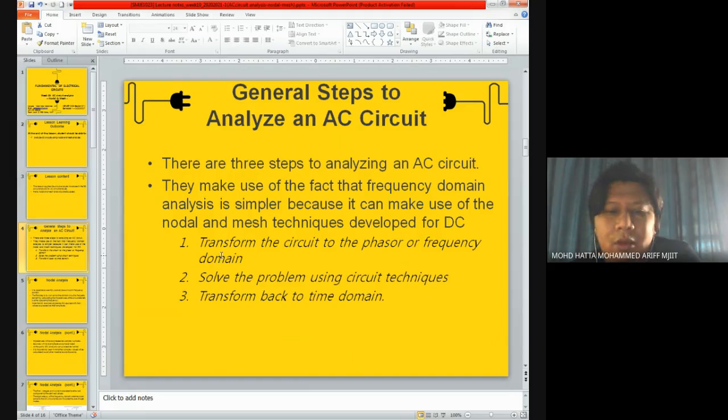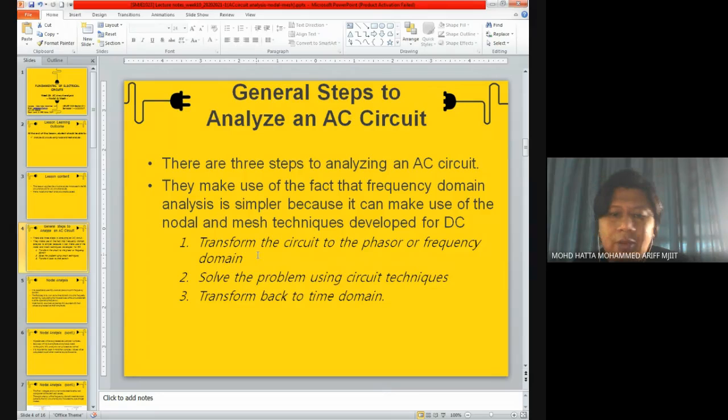So the circuit is still the same. It's not that when we transform from the time domain to the frequency domain, the circuit will be modified or the arrangement of the components will be different. The arrangement of the components is still the same.